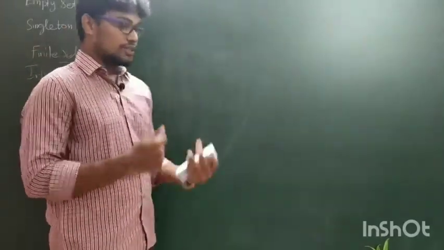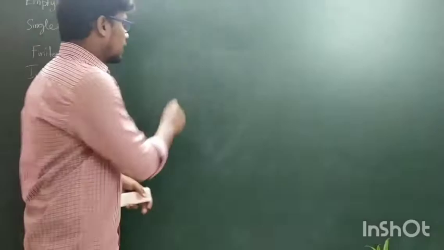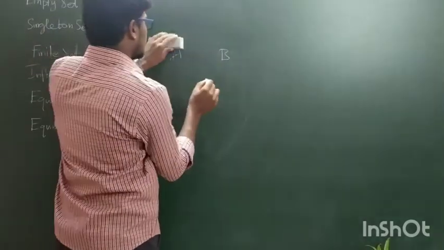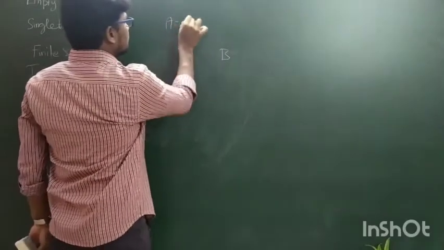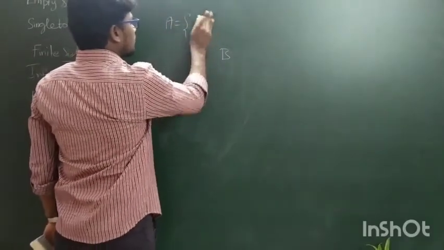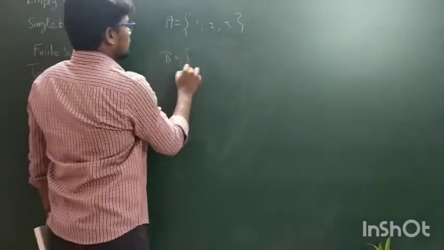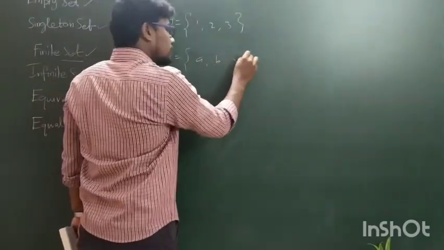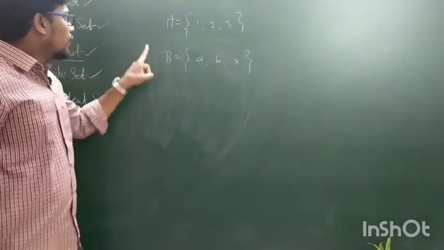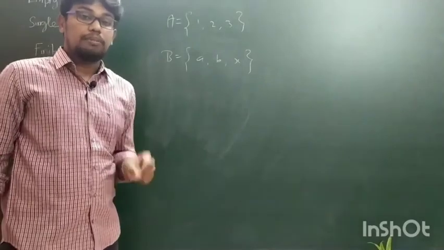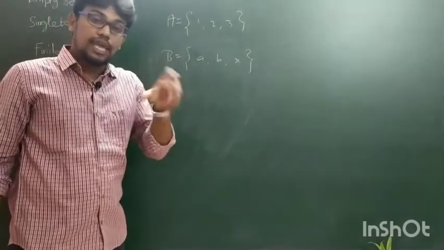Fine. The next one is called equivalent sets. Equivalent sets means, of course, we have to take 2 sets. Say let A be one set and B be another set. Say A has some elements, say 1, 2, 3, and B has some elements, a, b, x. Now when can we say A and B are equivalent sets? When A and B have the same number of elements.